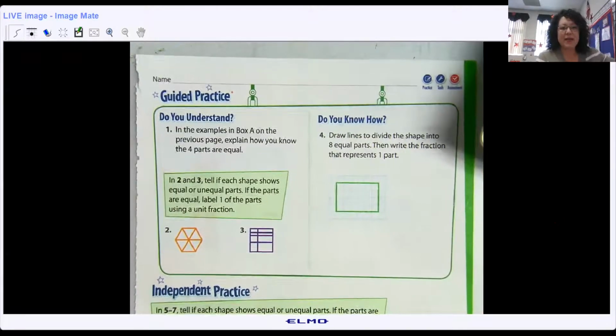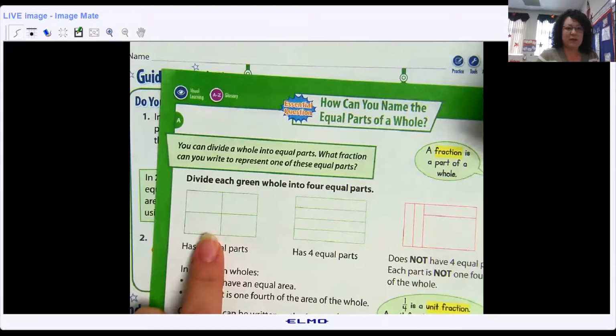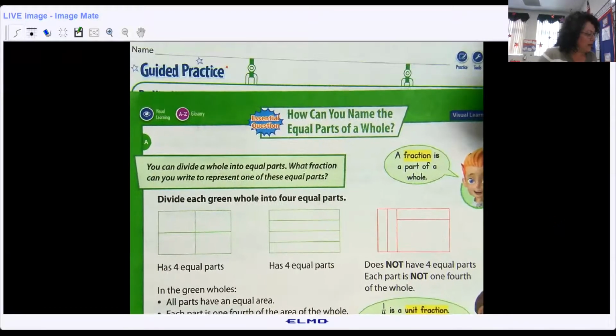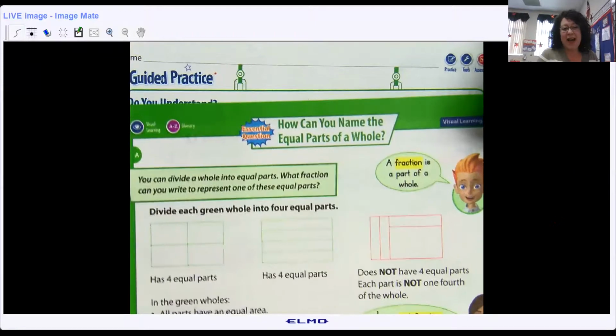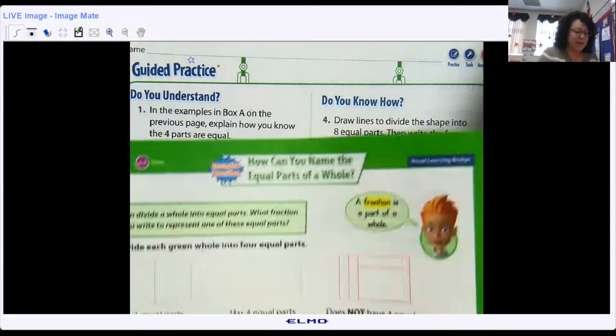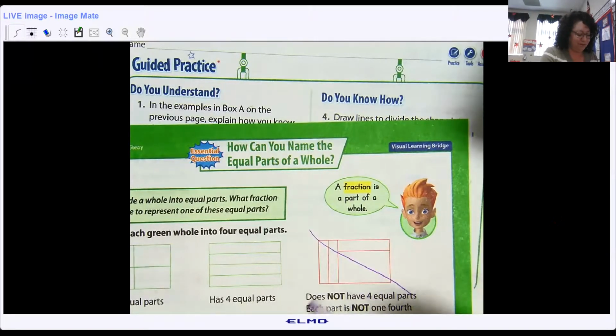In the examples in box A on the previous page, that was the page we just looked at, explain how you know the 4 parts are equal. Well, how do we know the 4 parts are equal? They're all the same size, right? We just talked about that. And then we know that this was a non-example, not equal.